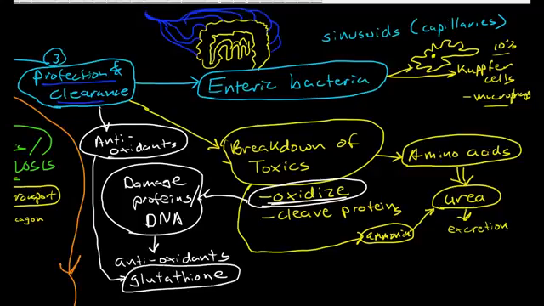So if the liver loses its ability to produce glutathione, or its glutathione stores are worn down too much because of too much oxidation, then the body is open to damage from oxidative stress.